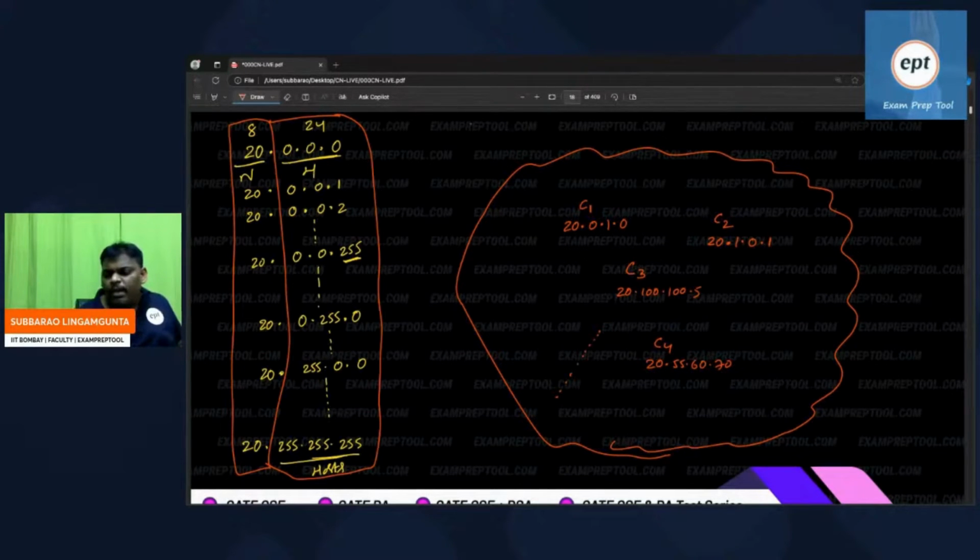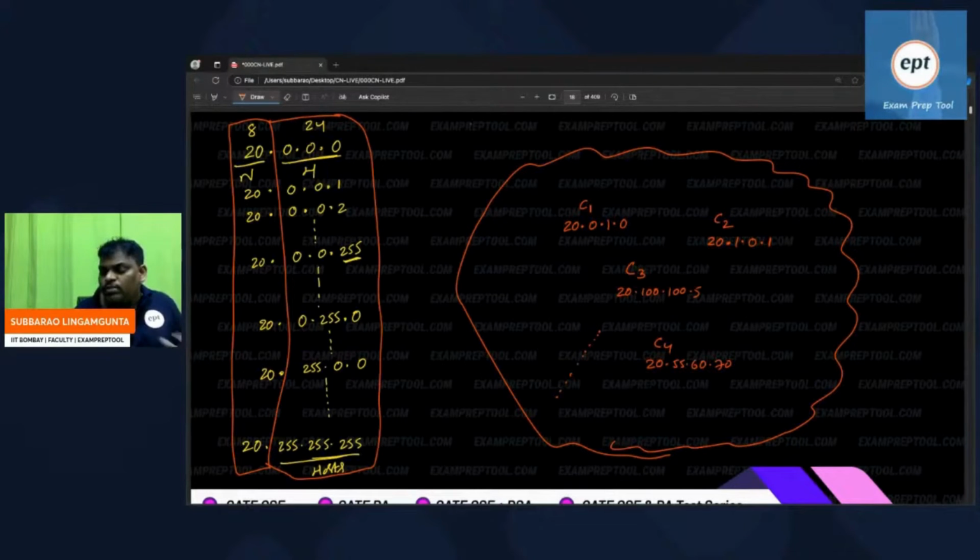Now some people are asking, sir, you connected these many computers, we are very happy. Listen everyone, this network contains 2 power 24 computers.